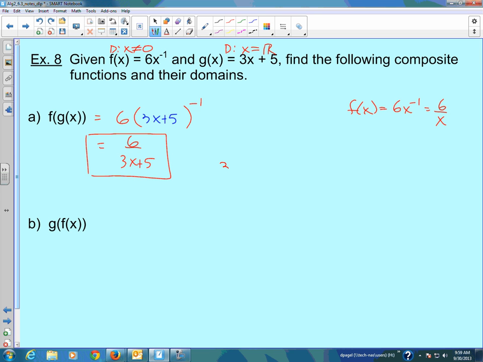And then I've got a denominator that I have to check for 0. So 3x equals negative 5, x equals negative 5/3, which means my domain cannot be negative 5/3, because if it was, I would produce a 0 in that denominator.